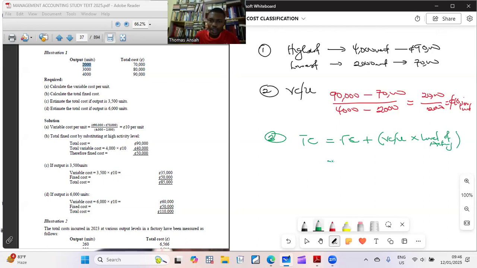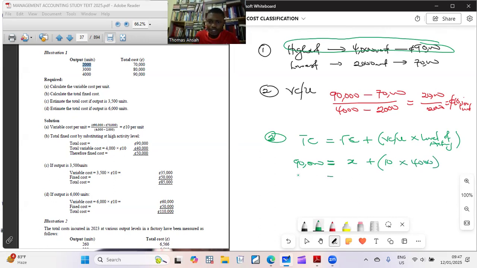So now I need to use one of them. So if I say I'm using the highest level, you can use the lowest if you want to. All right. My total cost is 90,000. The fixed cost is something I don't know. Plus, I know the variable cost per unit, which is 10 now. And what is the level of activity for the highest level? 4,000.